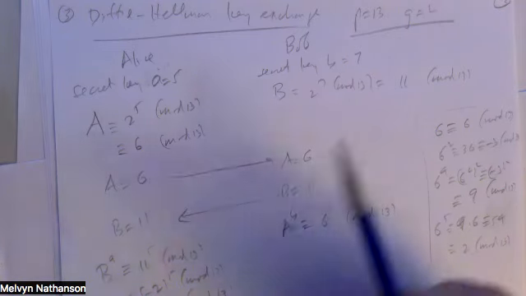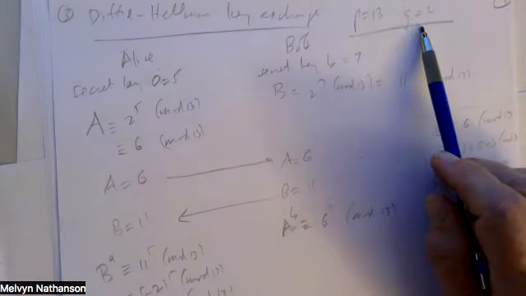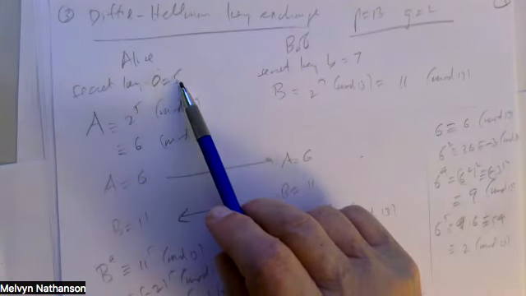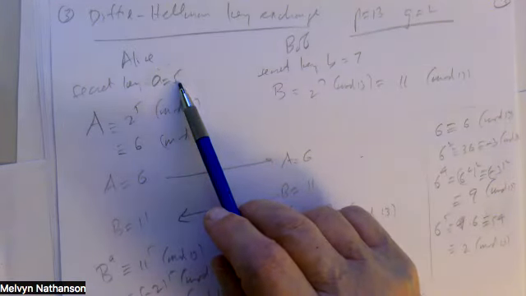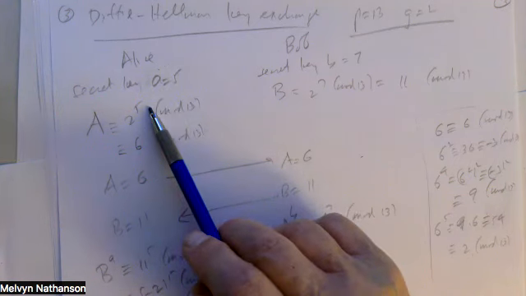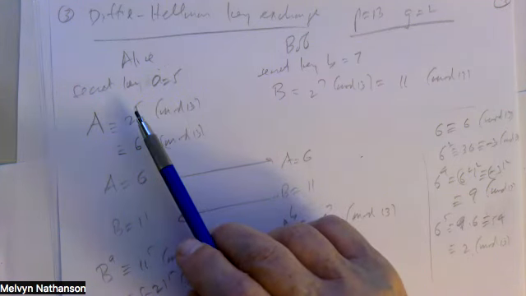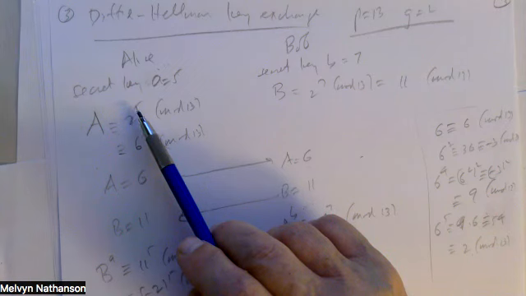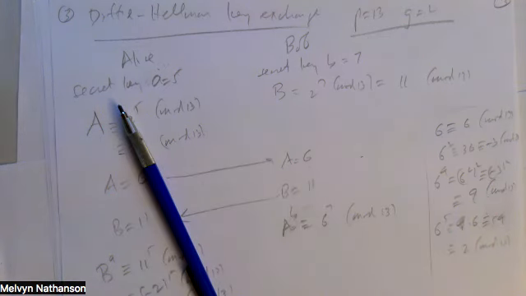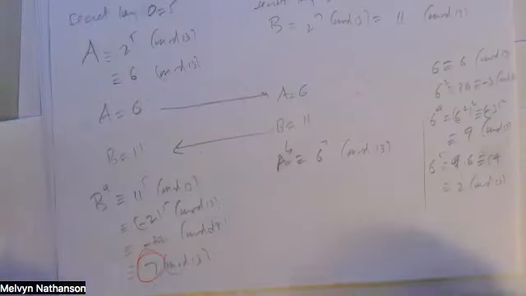Checking is good. The prime is 13, g is 2. Alice chooses her secret number 5 and computes 2 to the 5th, which is 32. Sorry, let's get back to the beginning.